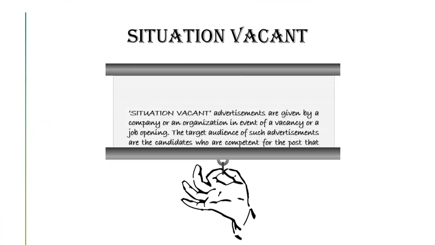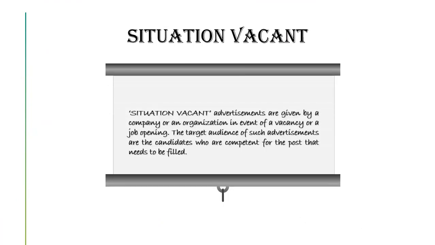Moving on. So let's see what a situation vacant is. In situation vacant, the advertisements are given by a company or an organization in the event of a vacancy or job opening. The target audience of such advertisements are the candidates who are competent for the post that needs to be filled.